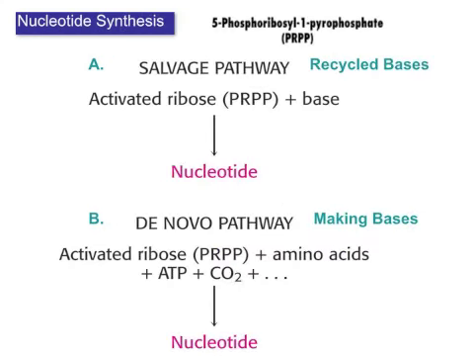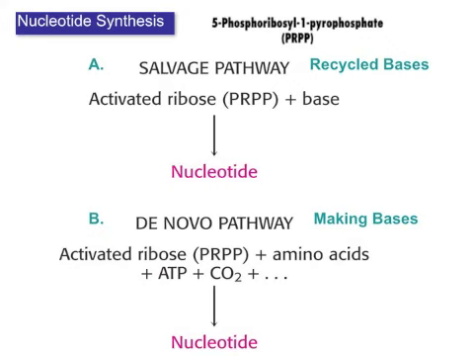There are 2 major pathways. The first is a salvage pathway, in which we use recycled bases and attach them to an activated ribose platform, PRPP, which is 5-phosphoribosyl 1-pyrophosphate. The other way is the de novo pathway, and this is making bases from scratch.